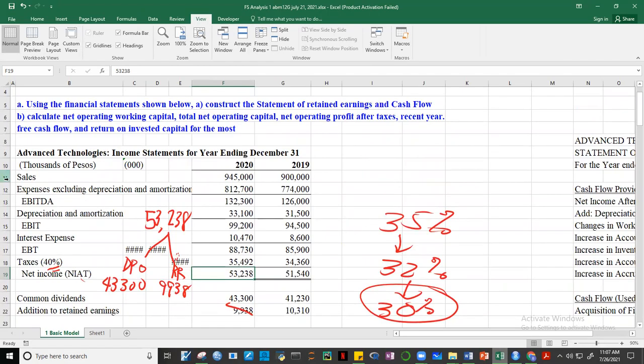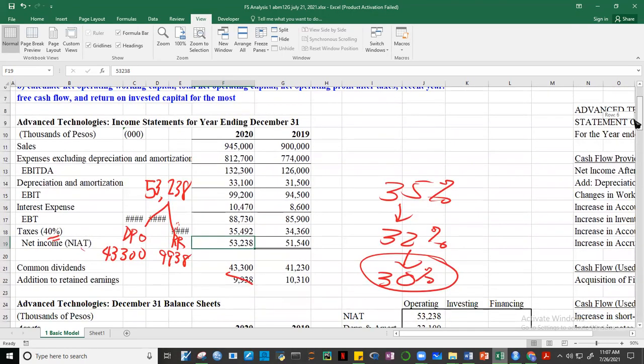If there are, for example, revenues that are non-cash, we will have to deduct this from the net income after tax in order to convert this into cash flow. Also, any non-cash expenses, which we deducted in coming up with the net income after tax, should be added back. Kasi sinubtract natin no, to arrive at the net income. So dapat ibabalik natin yan in order to convert our net income into cash.